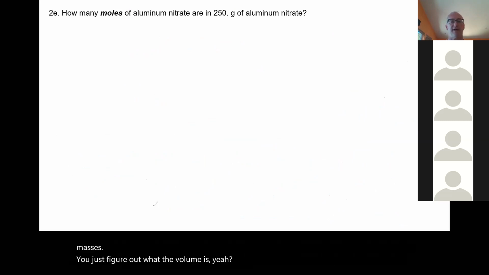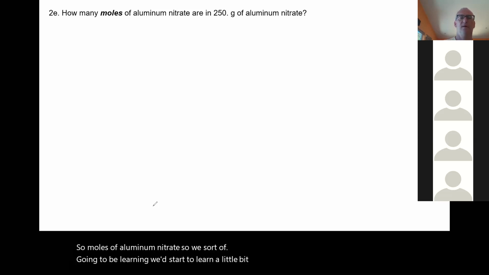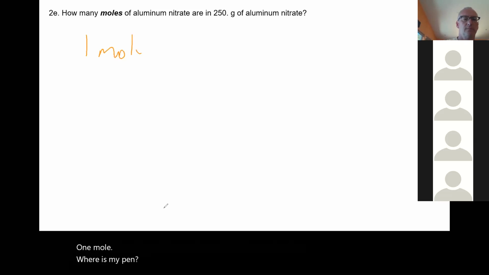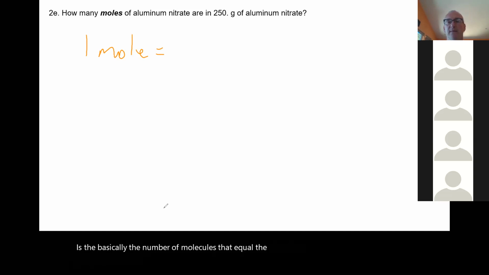So moles of aluminum nitrate. We started to learn a little bit yesterday that 1 mole, where's my pen? 1 mole is basically the number of molecules that equal the atomic weight of whatever this is.